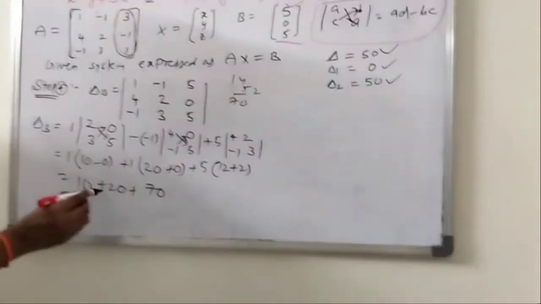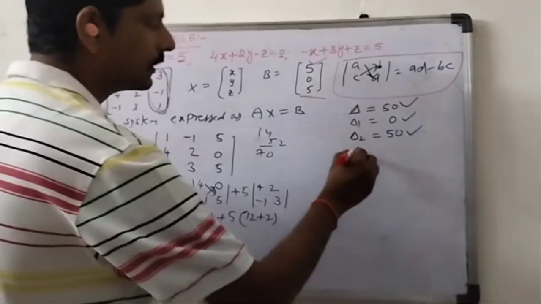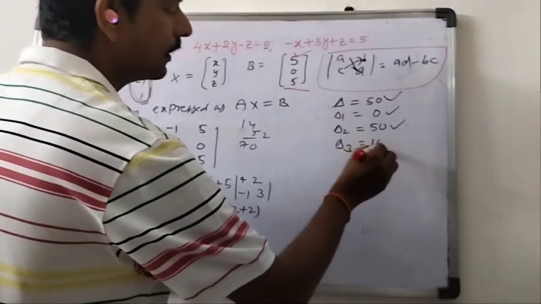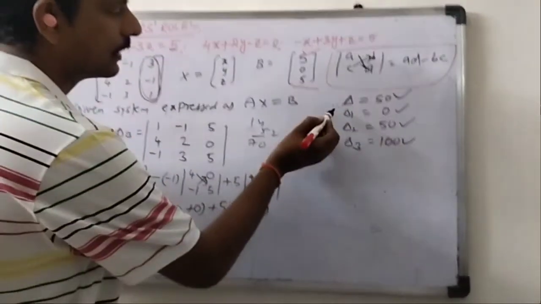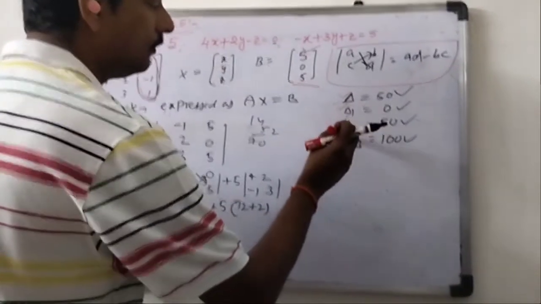So 10 plus 20 is 30, 30 plus 70 is 100. So delta 3 is 100. We have got delta, delta 1, delta 2 and delta 3.